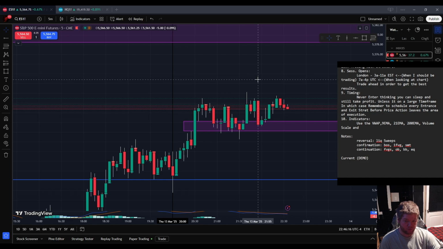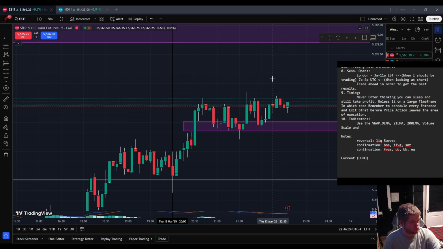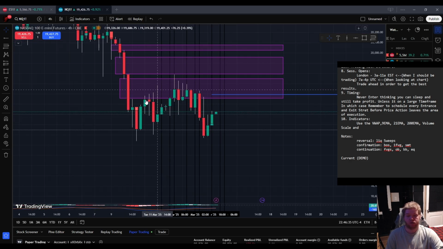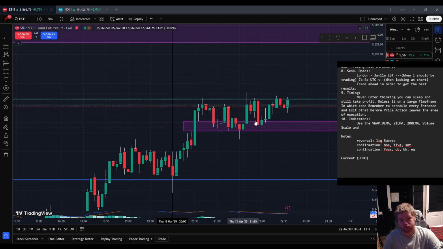The candle wick wasn't above it, but that doesn't matter. It was disrespected. But also, we can't have a wick above the order block. There is an exception to this, which is called an SMT divergence. The only exception is when this chart does not match this chart.